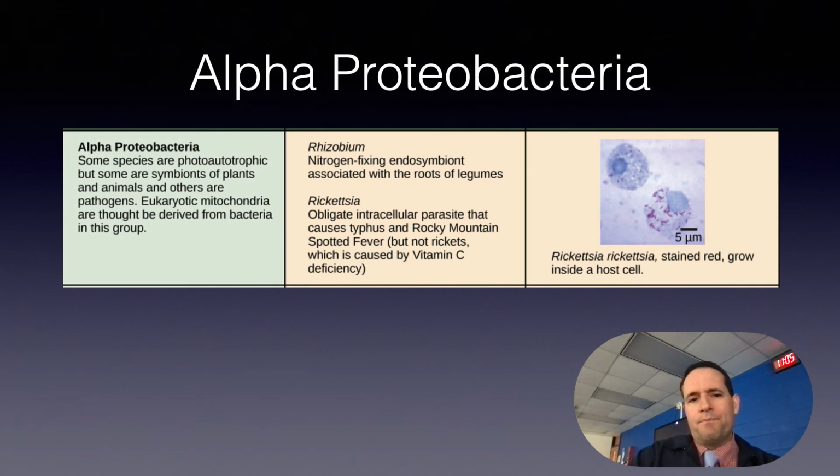The bacteria help with nitrogen fixation and basically fertilize the soil so that the soybean can grow better. There's also the good and the bad with many of these slides. So we have Rickettsia, which is a parasitic bacteria that causes typhus and something called Rocky Mountain spotted fever. And there's a picture of what it might look like. And this is inside of a host cell, so the bacteria is actually living within a cell.